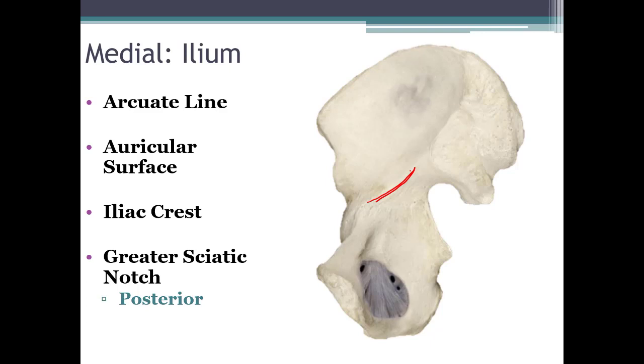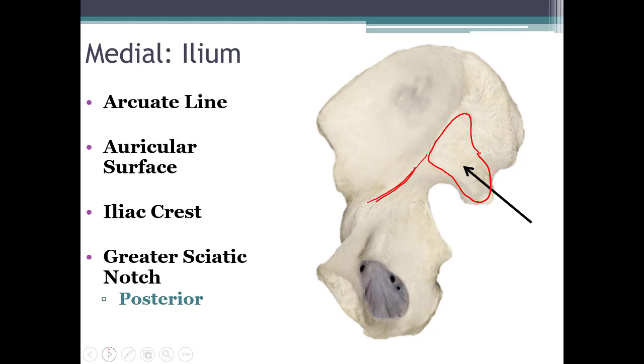If you follow this arcuate line up, you will see an ear-shaped area called the auricular surface. Auricular referring to ear-shaped, and this is where the sacrum and the os coxa will come together. So, ID feature, this is the arcuate line, and ID feature, that's the auricular surface.